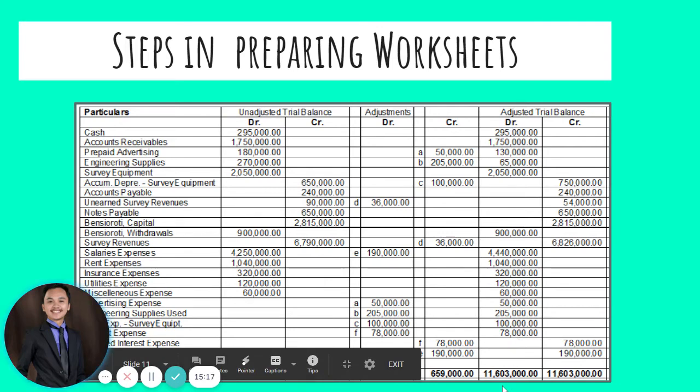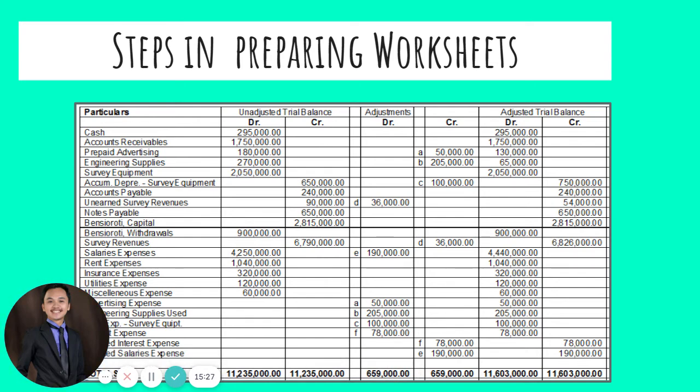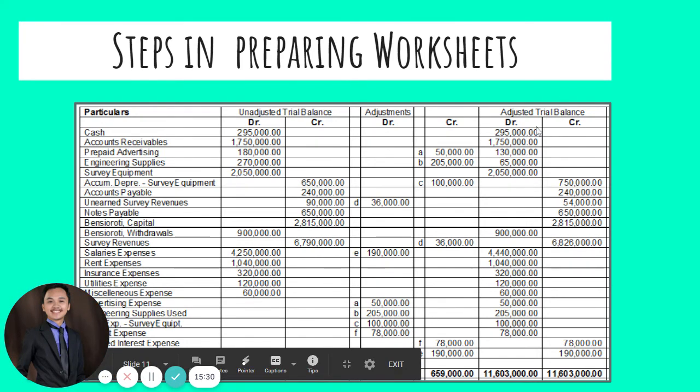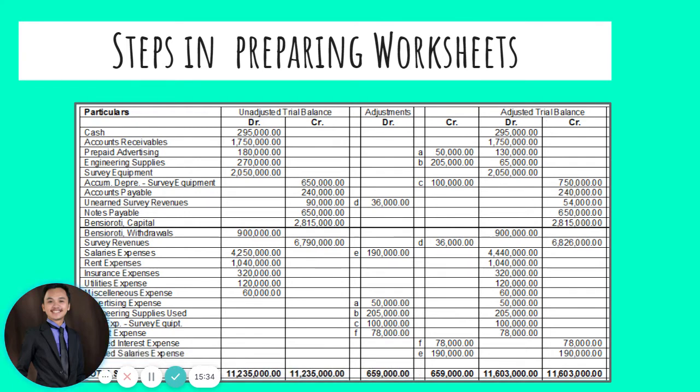In this case, we have total debits of 11,603,000 and 11,603,000 also for credit, so we assume that we have plotted our adjusted trial balance correctly. Okay, so this time we have already prepared an adjusted trial balance, which is the combination of our unadjusted trial balance and adjustments. Okay, that is our third step.